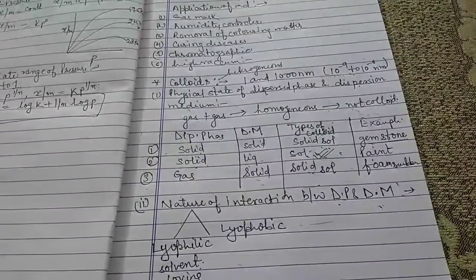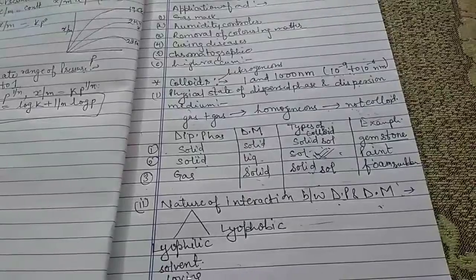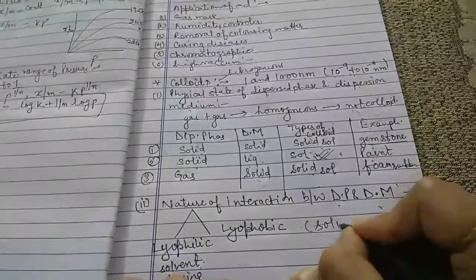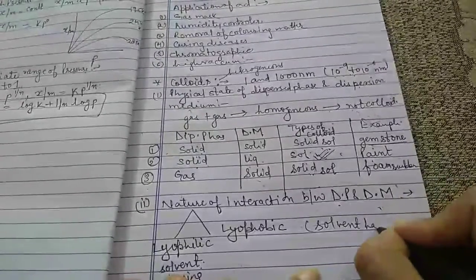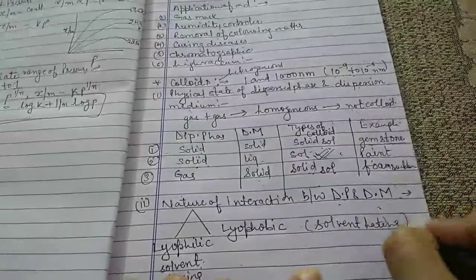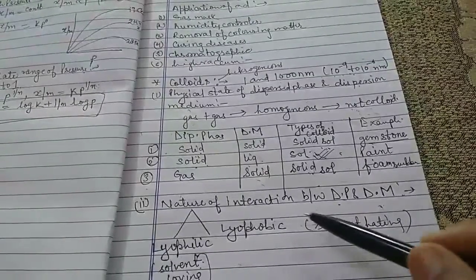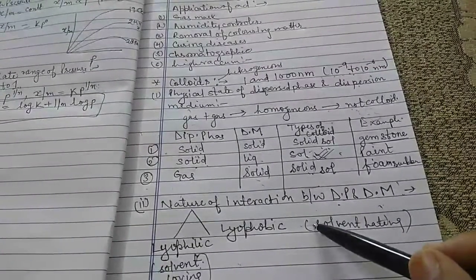Lyophilic is also called solvent loving, and lyophobic is also called solvent hating. Lyophilic is solvent loving and lyophobic is solvent hating.